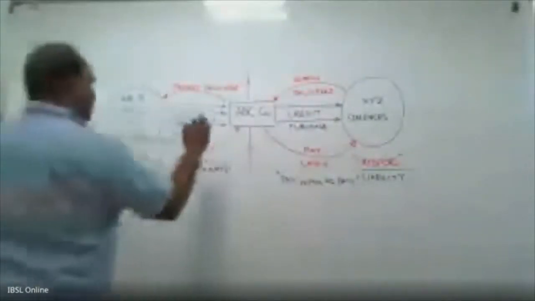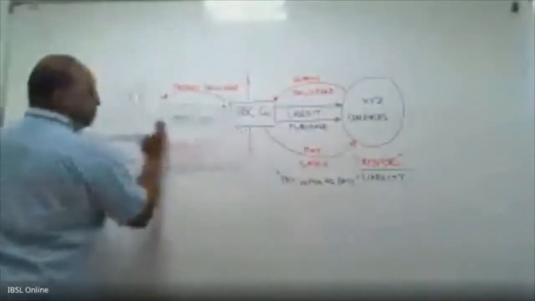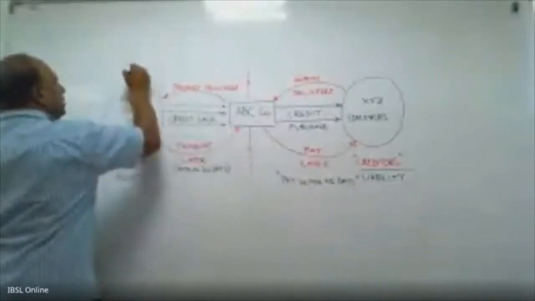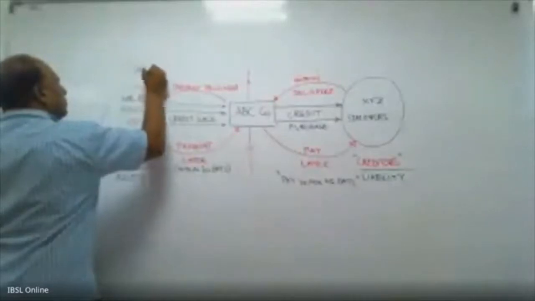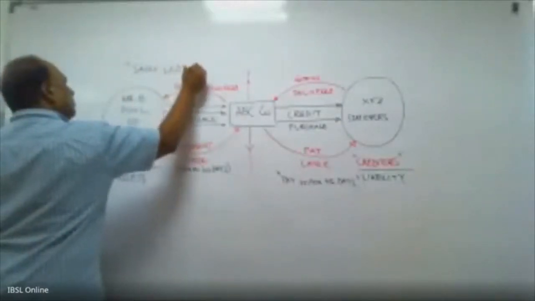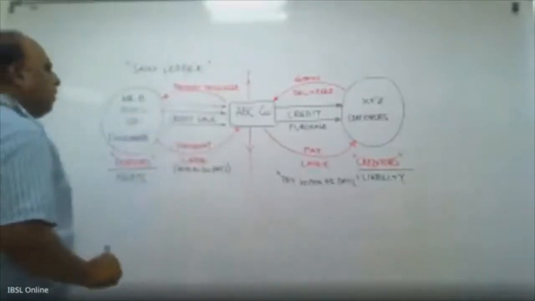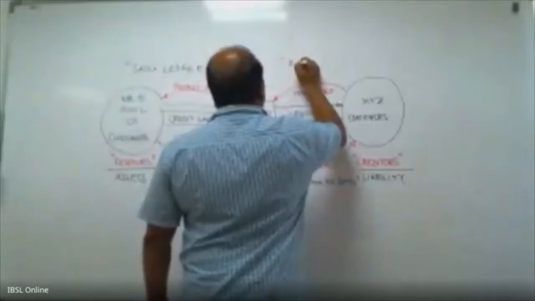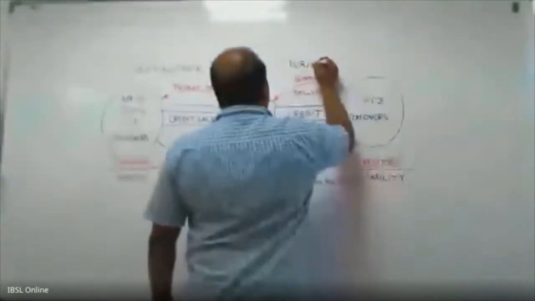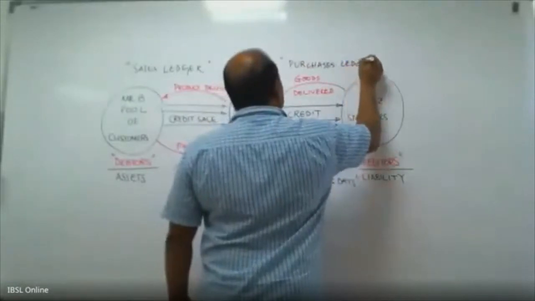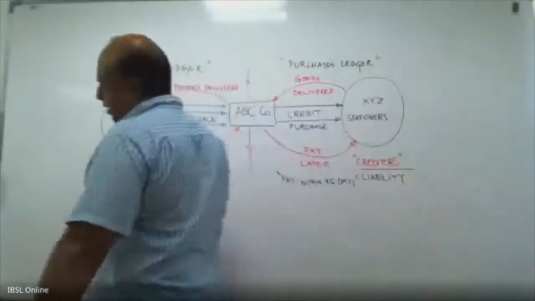Now what is going to happen? All the transactions that you record for a credit sale go into the sales ledger. All transactions relating to credit purchases go into the purchases ledger.